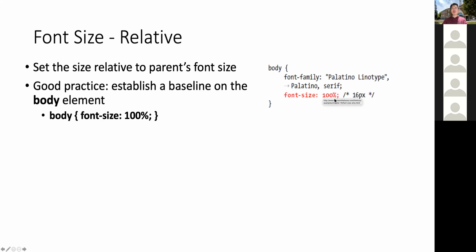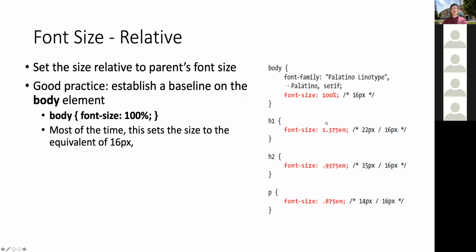So if you say font-size 100%, that means the original size. Or you can use something called em. Again, it's a relative size. 1em is the same as 100%. So 1.375em means 137.5%. I can show this very quickly.